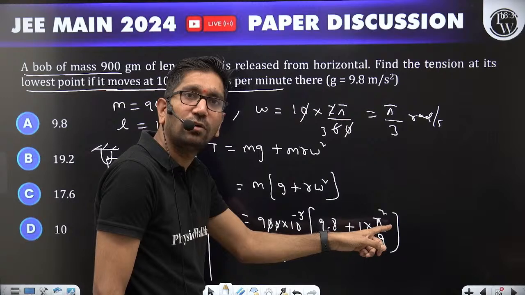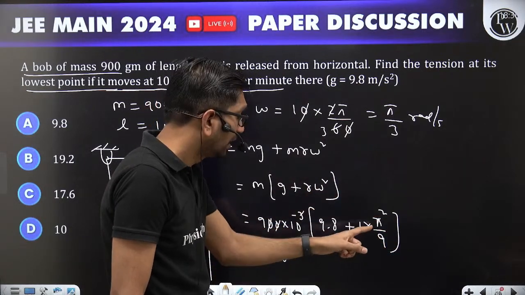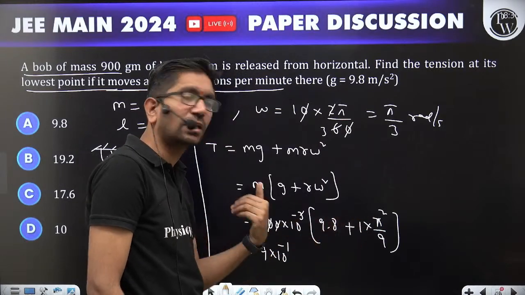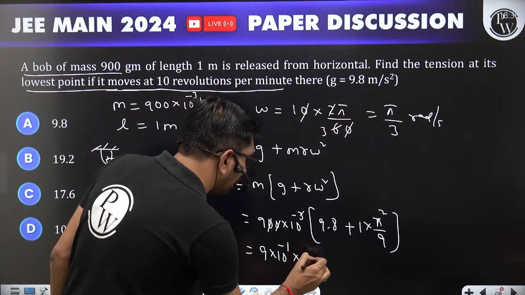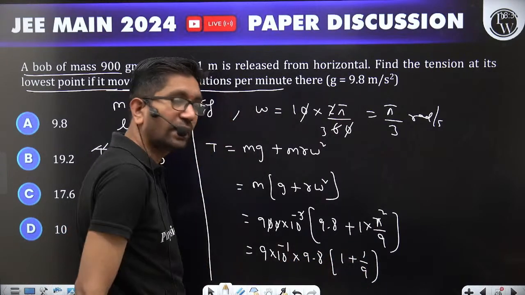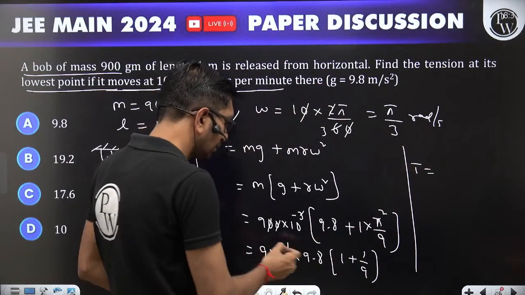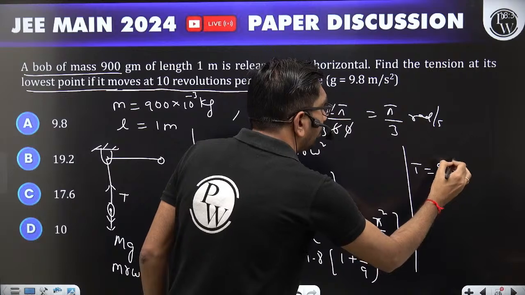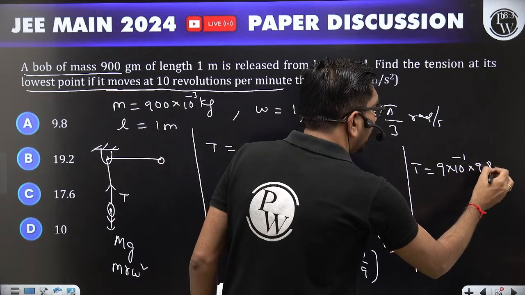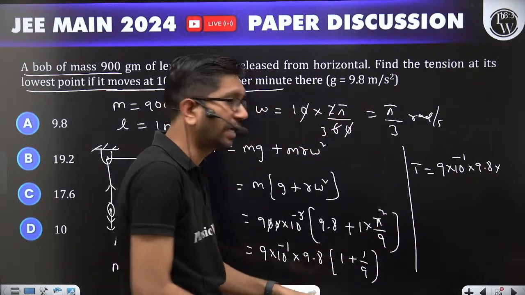So everyone knows pi square value is what? Approximately we get 9.8 only, na? 9.8 here, 9.8 here. Taking 9.8 as common, 1 plus 1 by 9 is left, right? So finally, tension, what you got? 9 into 10 power minus 1 into 9.8 into, what you get here? 9 plus 1, 10 by 9, right?